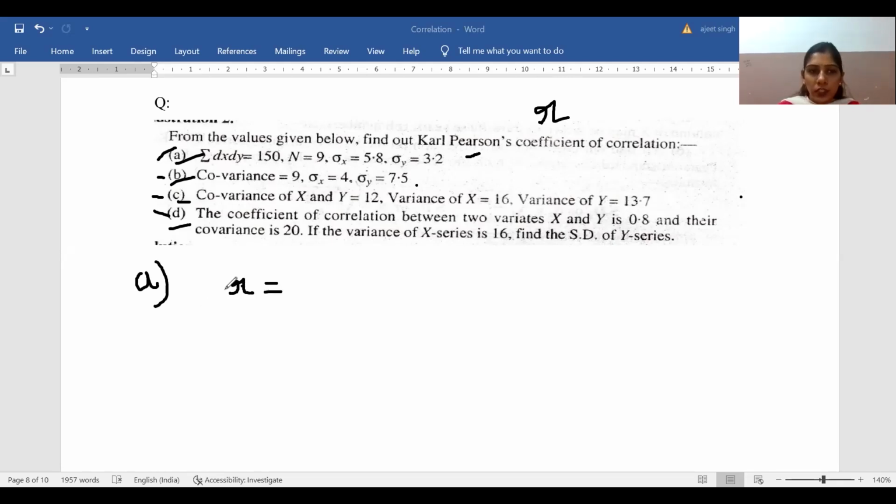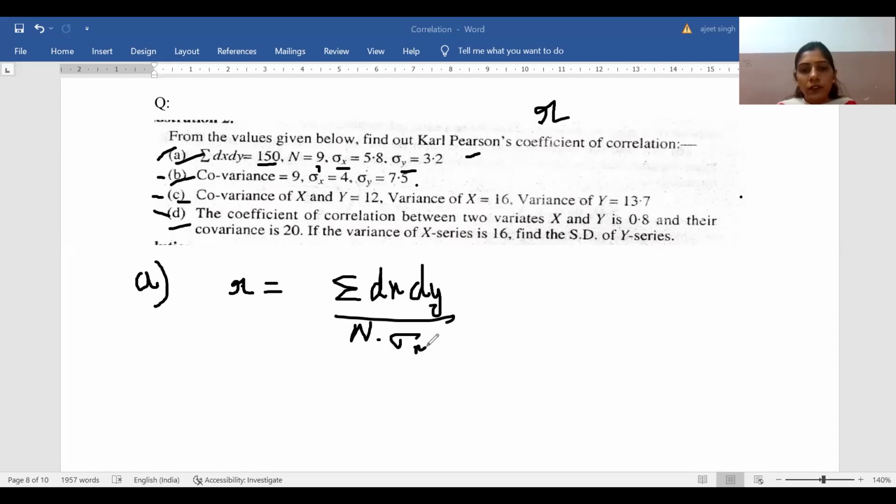We have to calculate the value of R, which is the coefficient of correlation. So in part 1, the value which is given is sigma dx dy, which is 150. Value of n is given. Standard deviation of x and standard deviation of y is given in the question. So what is the formula for calculating this R, or you can say coefficient of correlation, is sum of dx dy divided by n into standard deviation of x and into standard deviation of y.